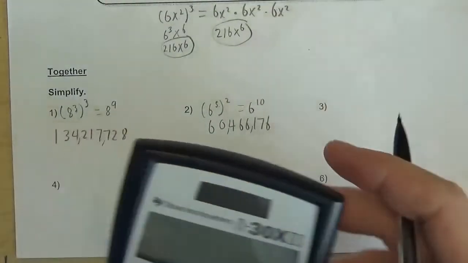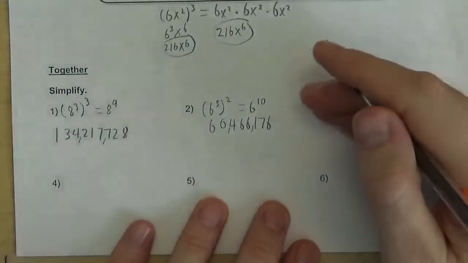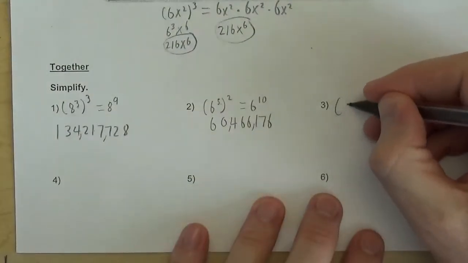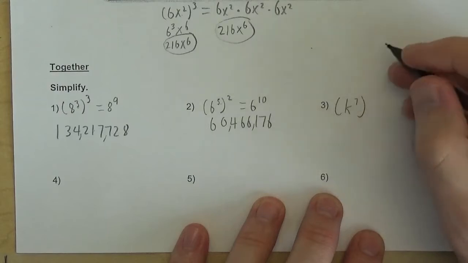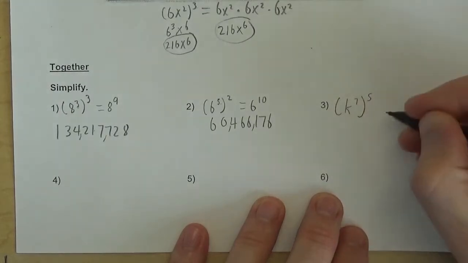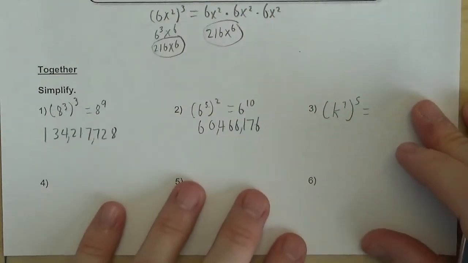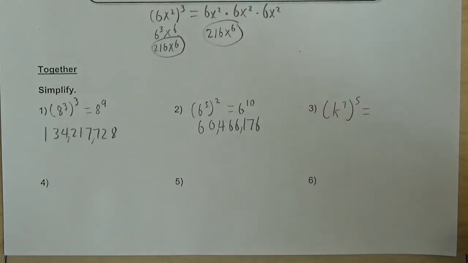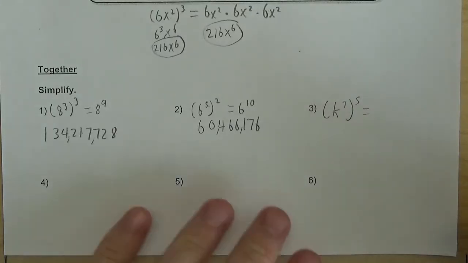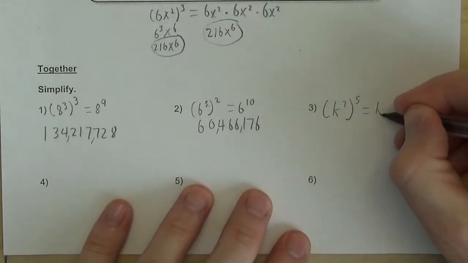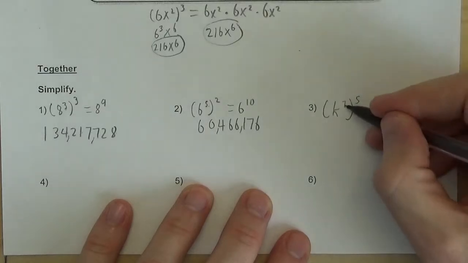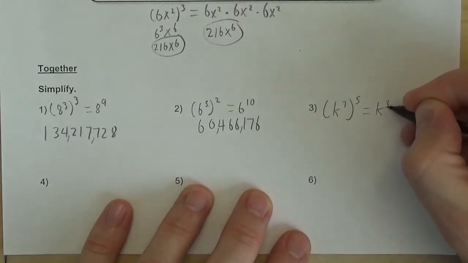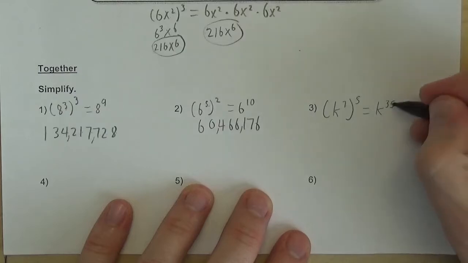Okay, number 3 is k to the 7th, in parentheses, to the 5th. So we're going to simplify that. We can't get this any simpler than just to rewrite this with exponents. Keep the base the same and multiply those exponents. 7 times 5 is 35, so this would be k to the 35th.